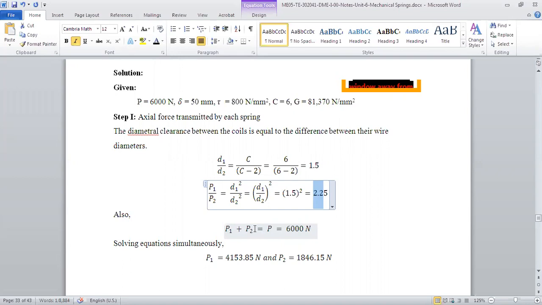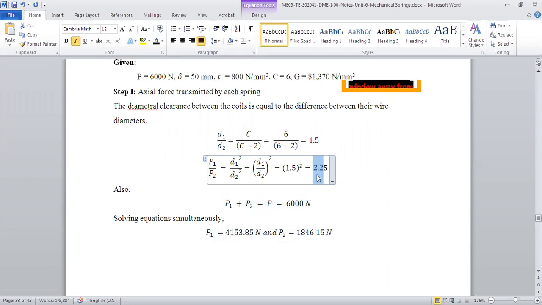I will again repeat these steps. P1 upon P2 is equal to 2.25, so P1 is equal to 2.25 into P2. Put it here: 2.25 P2 plus P2 becomes 3.25 P2 is equal to 6,000. So P2 is equal to 6,000 upon 3.25, which is 1846 Newton, and P1 is 2.25 times that, which is 4153 Newton.